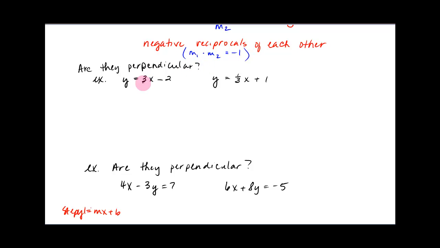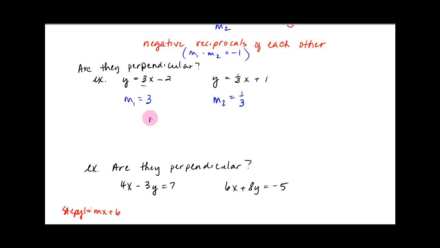This is already written in y equals mx plus b. So if I wanted to identify the slope, the slope of this line is 3. I'm not concerned with the intercept. I'm only concerned with the slope of this line. The slope of the second line is 1/3.